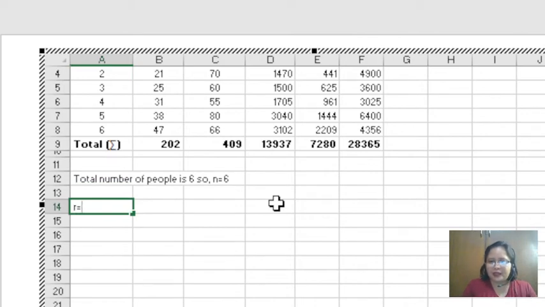So r is equal to n, the number of people, times the summation of xy, minus the summation of x multiplied by the summation of y, over, divided by, the square root of.